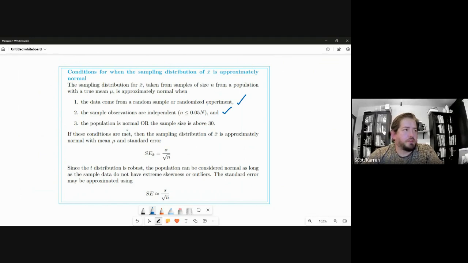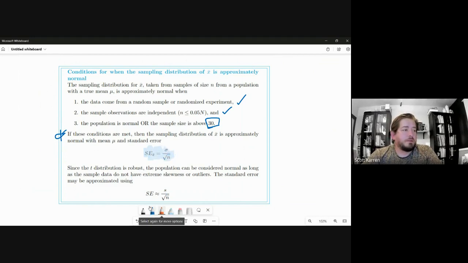And then the population is normal or the sample size is above 30, right? That's typically what we would say, well, this thing is normal. If these conditions are met right down here, then the sampling distribution of X bar, or the mean, is approximately normal, with the mean mu and the standard error given by that function here.